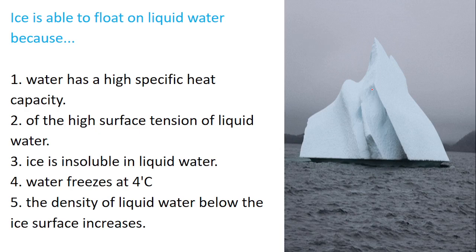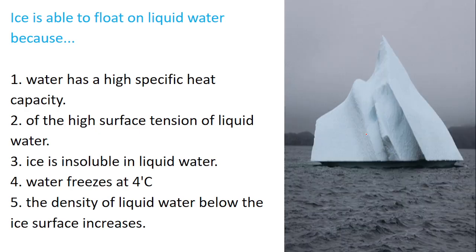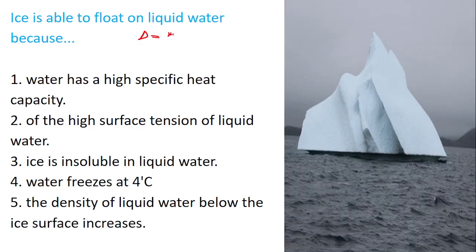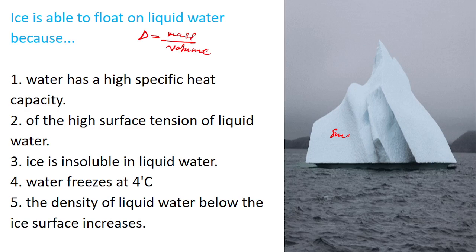Ice is able to float on liquid water because, you need to understand that this is the ice block here, and then there is water down there. If you look at the ice block, you need to understand what the formula for density is, which is mass over volume. So the reason why this huge ice is floating on water, is it small volume or big volume?